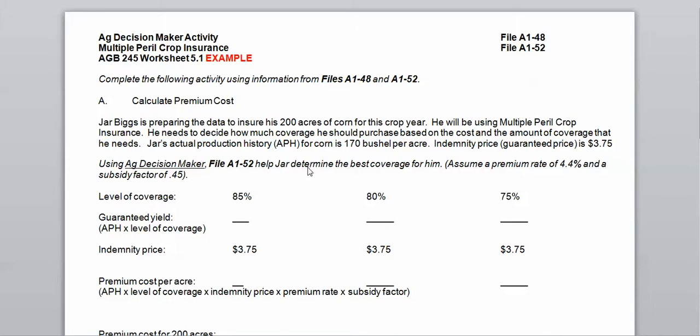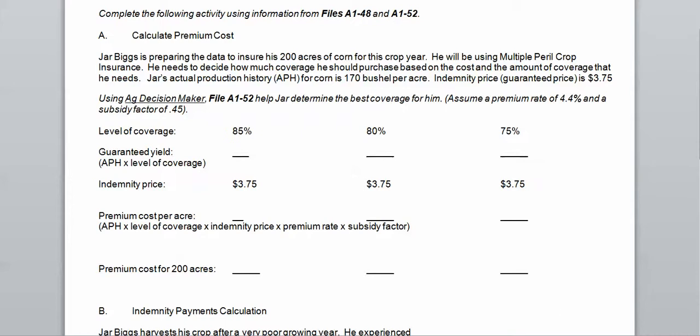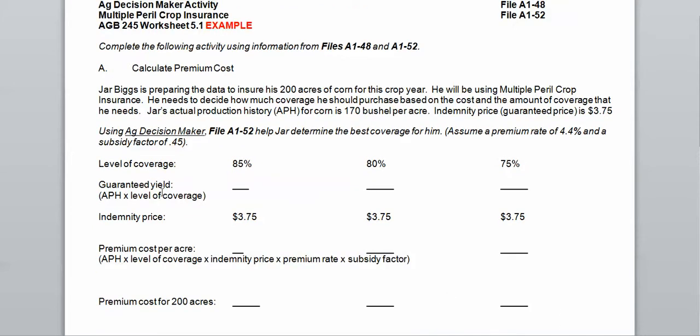First question is we need to figure out our guaranteed yield. And to figure guaranteed yield, all you do is you take your actual production history, in this case it was 170 bushel corn, and multiply that by level of coverage.